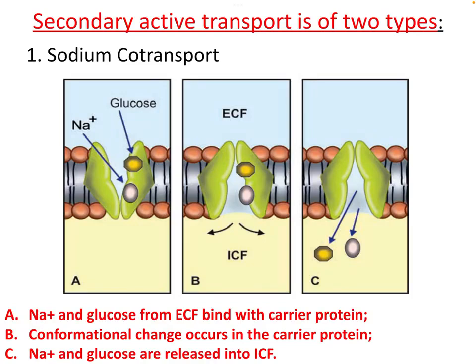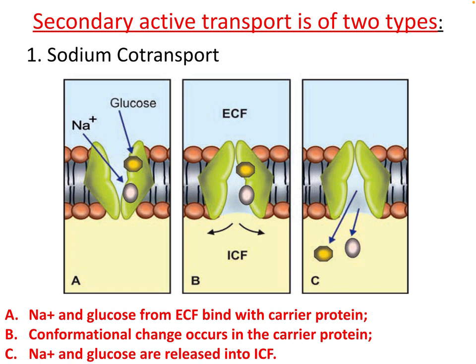And what is sodium co-transport? In this, along with the sodium, another substance is carried with the help of a carrier protein called symport. Example: transport of glucose, amino acid, chloride, etc.